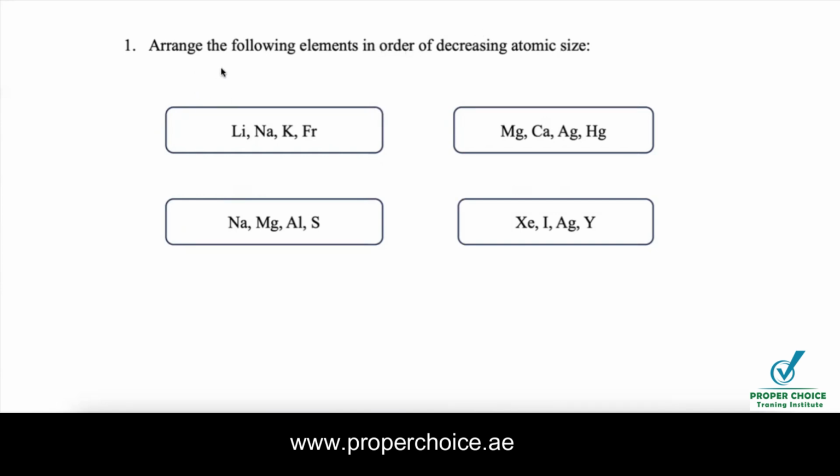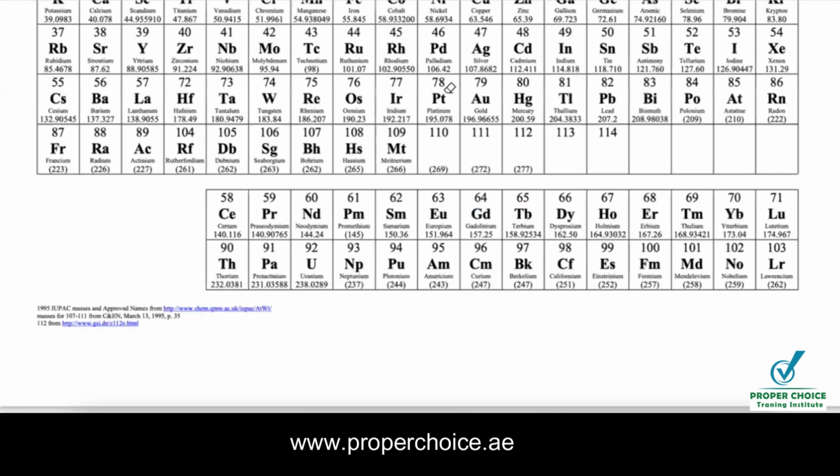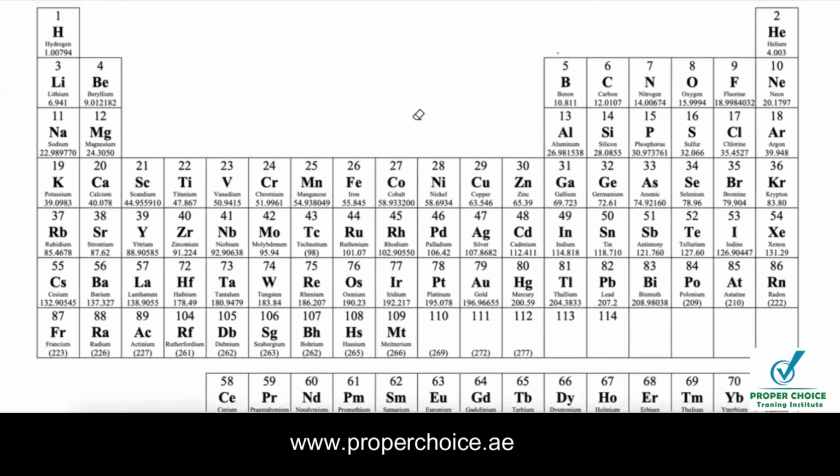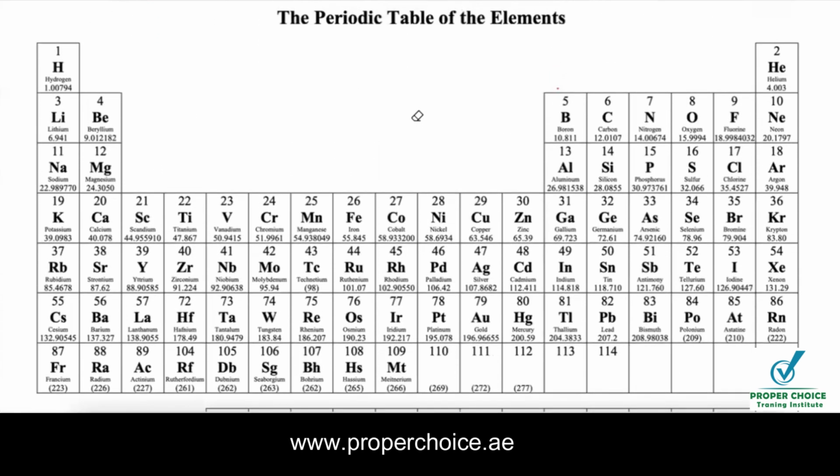It says, arrange the following elements in order of decreasing atomic size. They're talking about the size of an atom decreasing, and how the elements have been arranged. You should know from the periodic trend, let's look at the periodic table, how the elements are arranged. As you go from left to right across the same period, the atomic size decreases. Basically, the atomic radius of that particular element decreases.